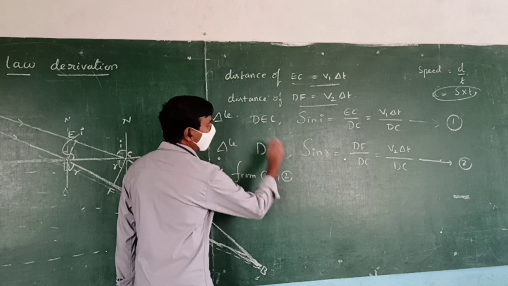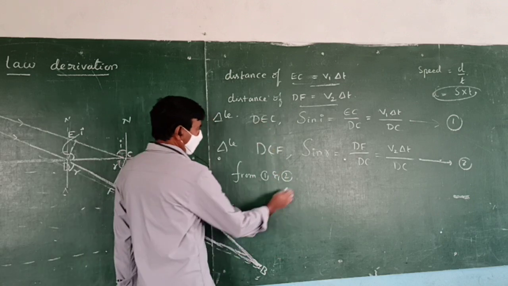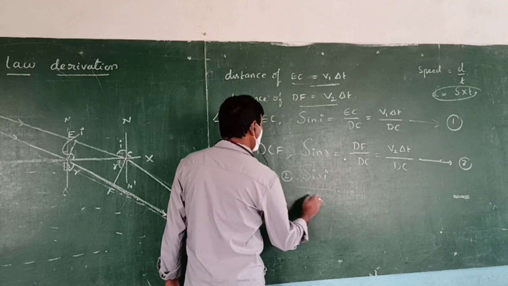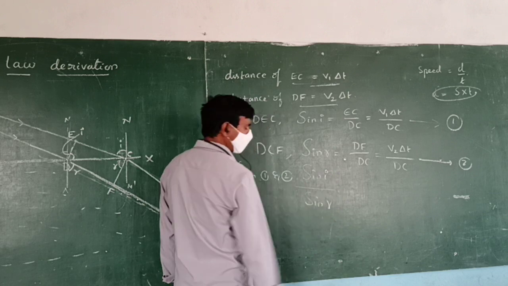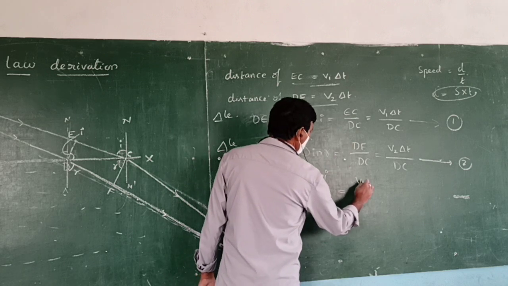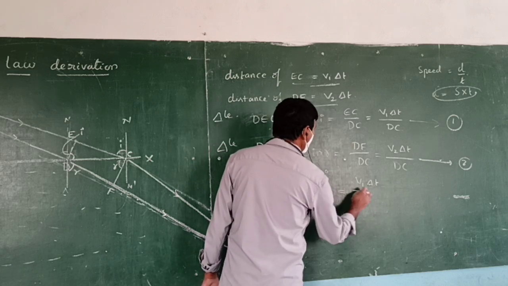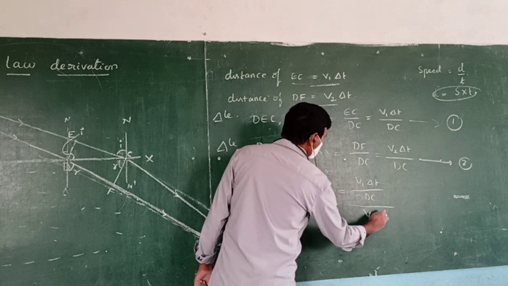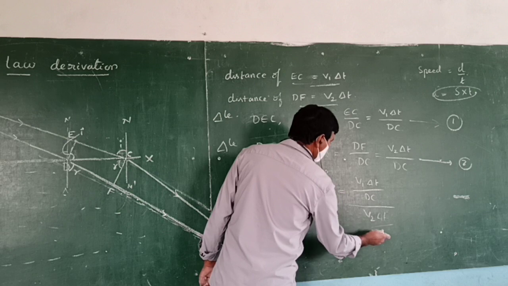From 1 and 2, sine i by sine r equals V1 delta t by DC divided by V2 delta t by DC.